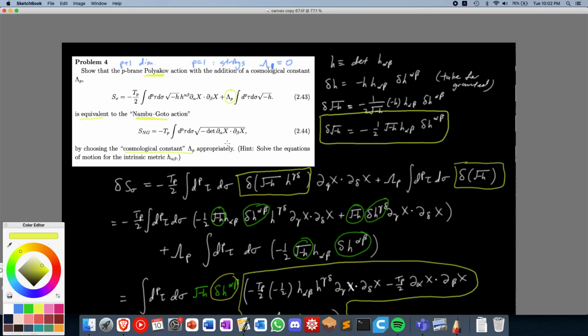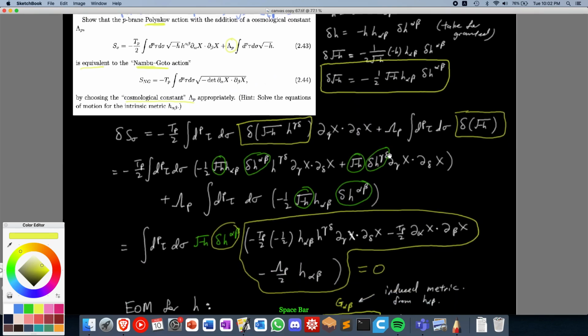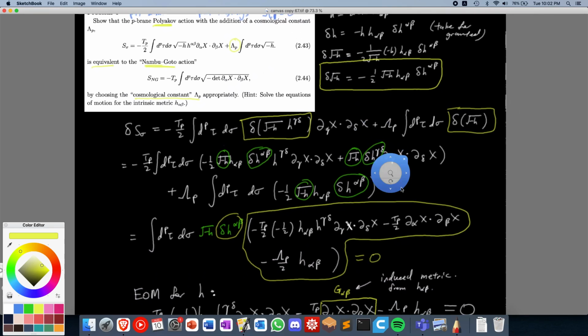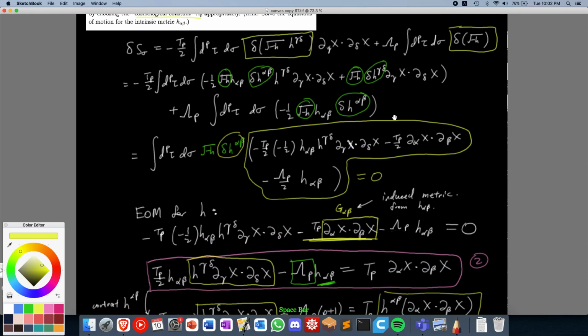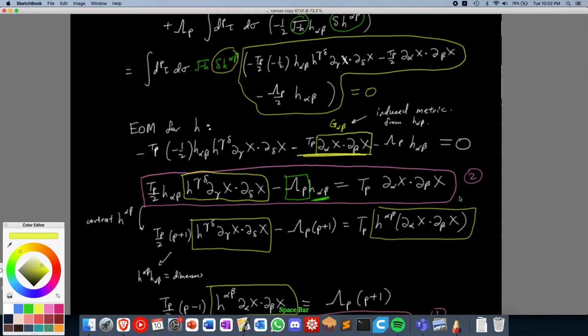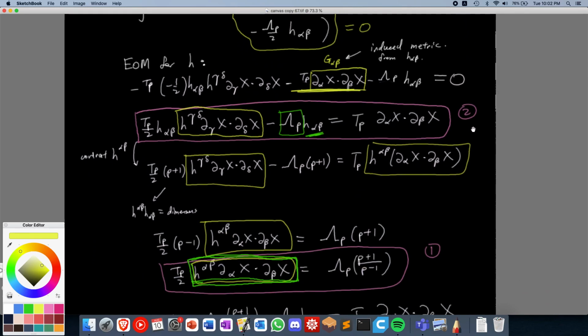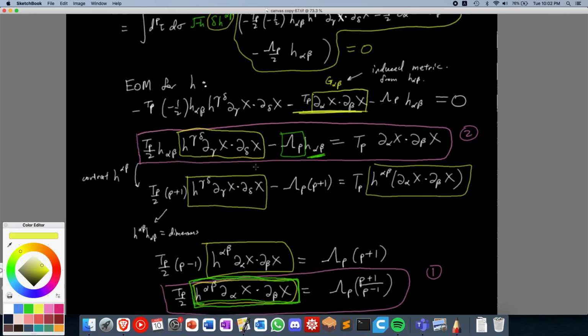In order to do so, we first find the dynamics of the intrinsic metric H, and to do so we use calculus of variations, varying the action with respect to the metric H, and we arrived at the pink equation, which is the equation of motion for the metric.